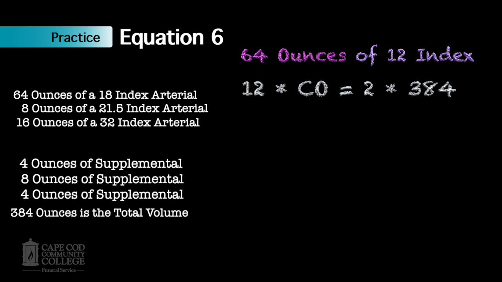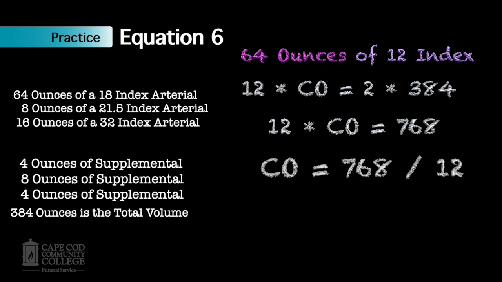Then on the right side of the equation, we know we want a 2% solution, and we know that we have 384 ounces of total volume. Next, we'll solve for the parts of the equation that are easy to solve for. In this case, we can multiply the 2 by the 384, which gives us 768. Next, we'll cancel out the 12 from the left side of the equation, our index, and divide it into 768 on the right side to solve for the concentrated ounces.